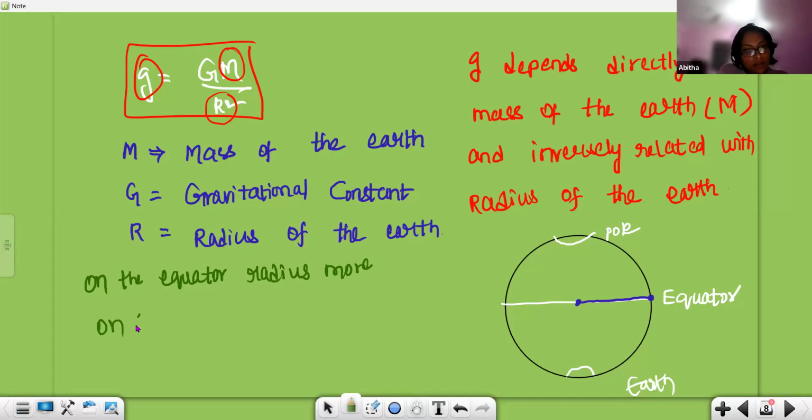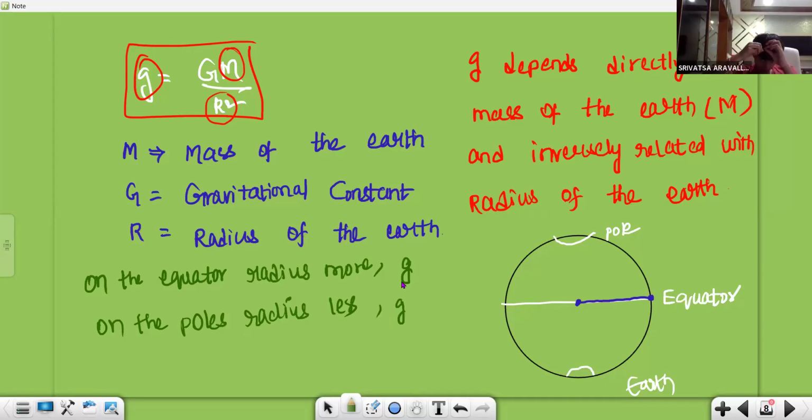On the poles, radius is less. If radius is more on the equator, what about g? Gravitational constant. G will be less. So on the top it will be more, and on the bottom it will be less.